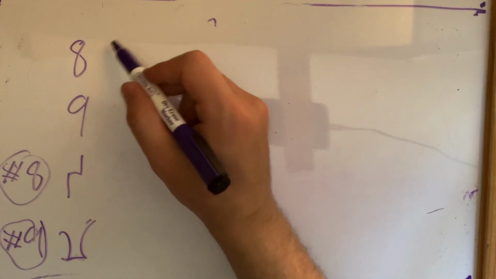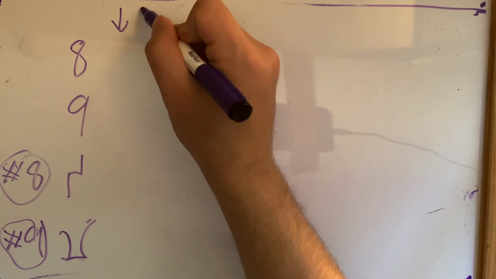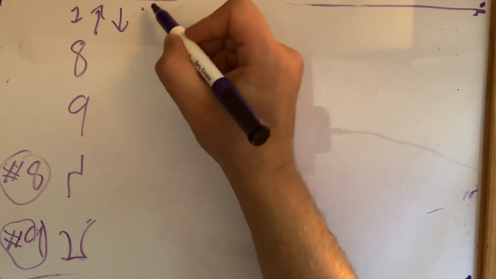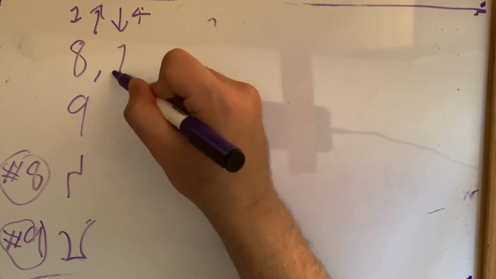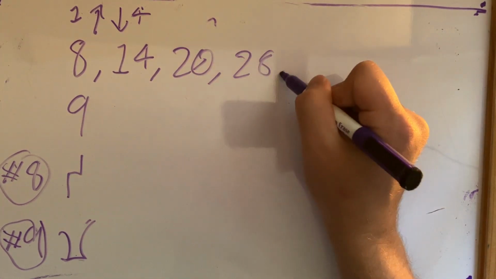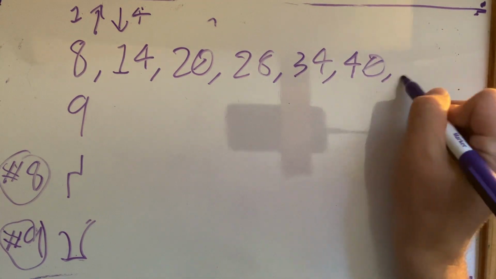So 8, instead of going down by 2 on the right, now goes up by 1 on the left and down by 4 on the right. So we get 8, 14, 20, 28, 34, 40, 48.